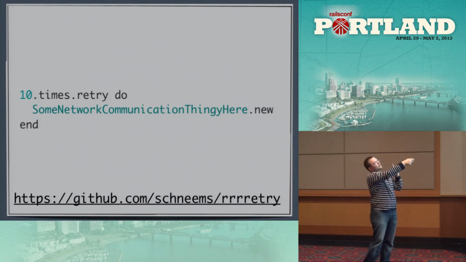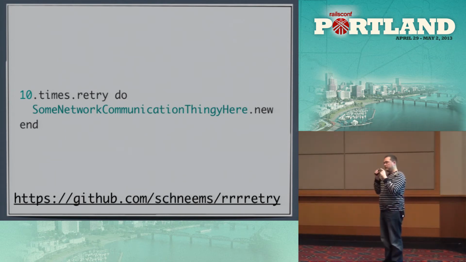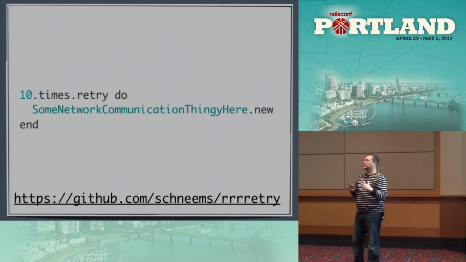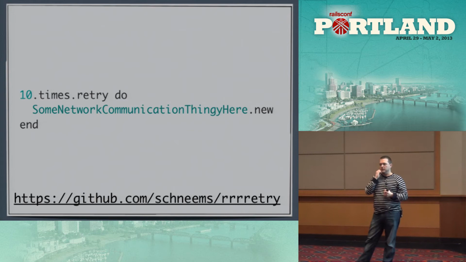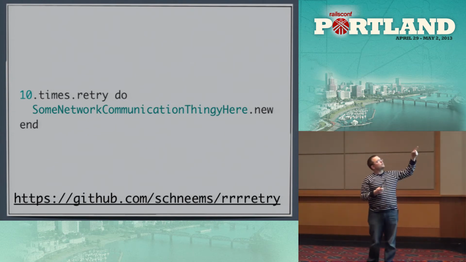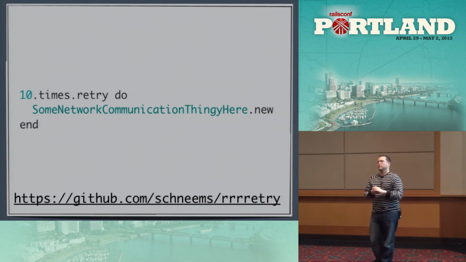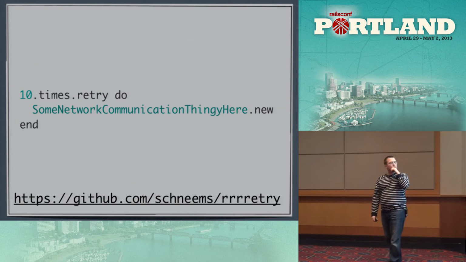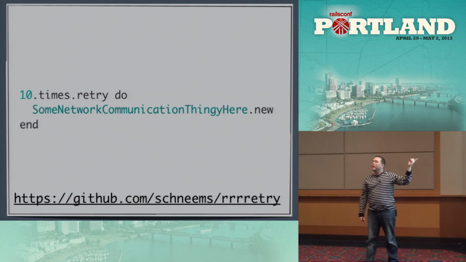And if there's an exception inside of some network communication thingy here, it'll retry it up to 10 times. I think that this is cool. You may have tried this in others where you're looping over it and checking the value or whatever. As long as an exception is thrown here, it'll keep doing it up to 10 times, and then the 10th time it'll raise an exception. This is sort of a stupid human trick thing that you can do with Ruby, but it's made possible by the block.